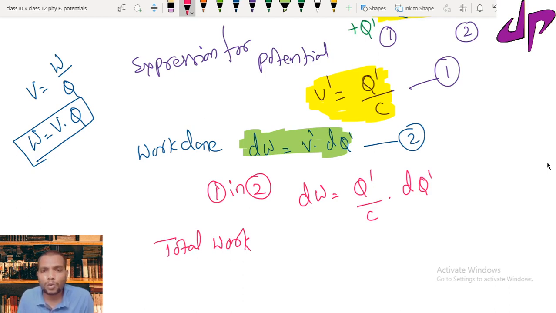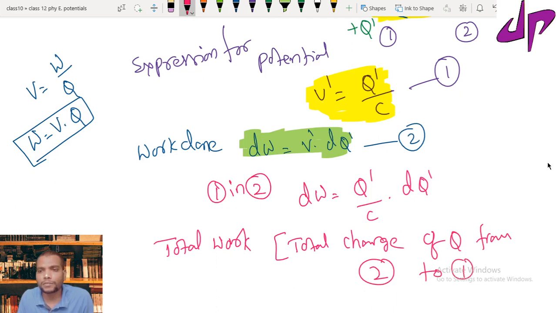to bring a total charge of capital Q from the second plate to the first plate.